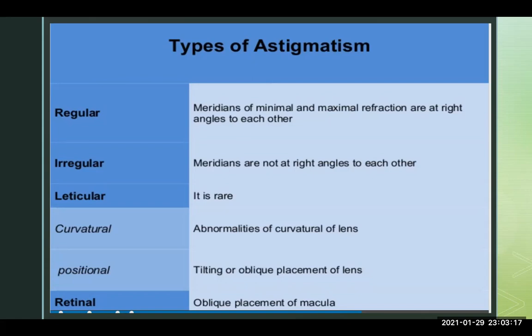Because of the curvature of the cornea, I want to simplify it because it's somewhat complicated, so I'd like to simplify it for you. Normally, you will find that the superior part of the cornea and the inferior part of the cornea, in the vertical and the horizontal meridian, are related to each other.